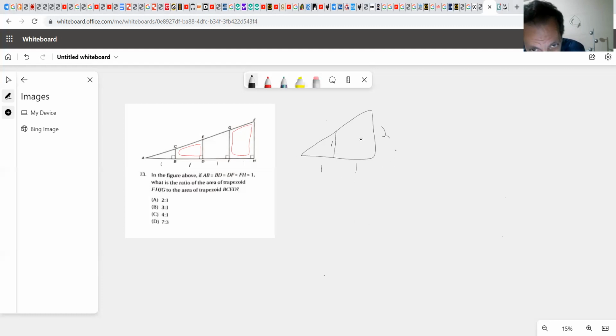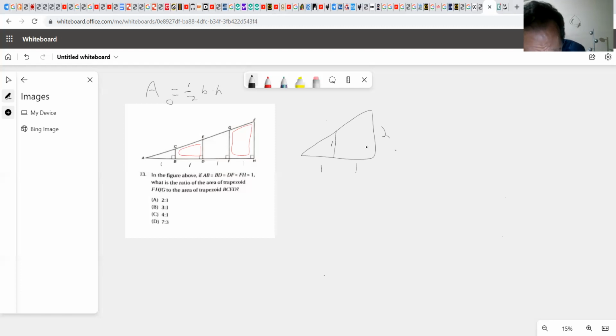So what I can do is take this bigger triangle, the area of that, and subtract out the little triangle, right? Now, the area of a triangle is 1/2 base times height, right?